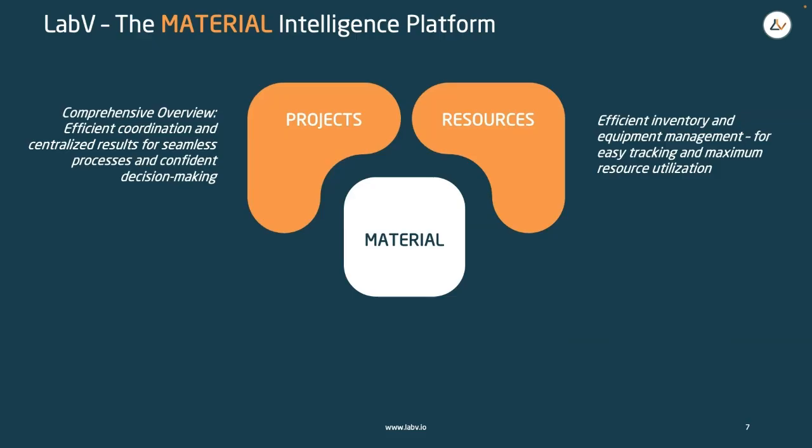So we're talking here about an efficient inventory or even equipment, like testing equipment management. We're also talking about formulations, although I'm going to talk about formulation as a separate item today, because it's something that is so important and one of the core features of our solution that I didn't want to have it basically hidden under a resources umbrella.